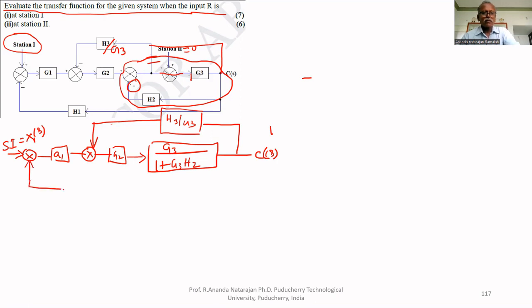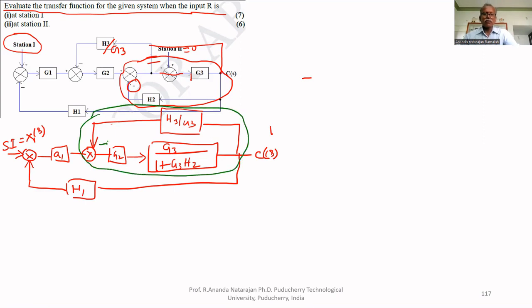Another feedback is there. There is no change in that. That is H1. Now we can remove this feedback first. This is negative feedback.